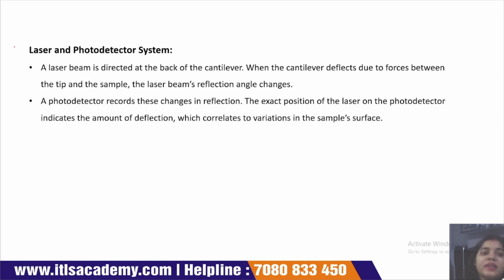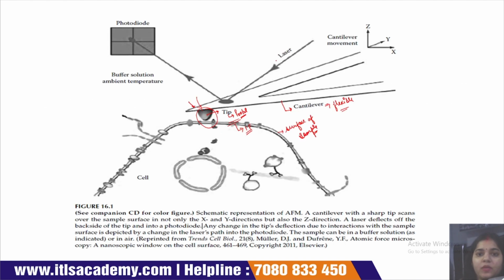The next step is the laser and photodetector. A laser beam is directed at the back of the cantilever. This is the laser beam and this is its direction. The laser beam is directed at the end and back of this cantilever.